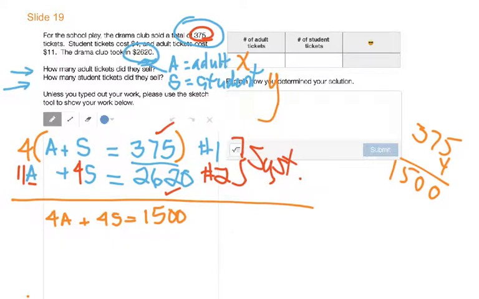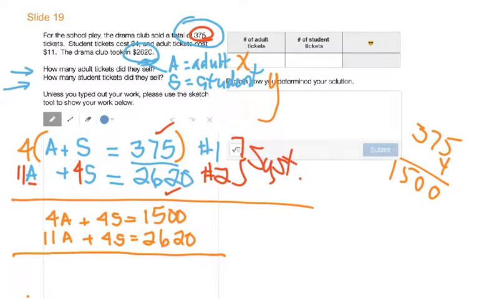I got 1,500 when I multiplied everything by 4. And on the bottom, my second equation, I still have 11a plus 4s is equal to 2620.